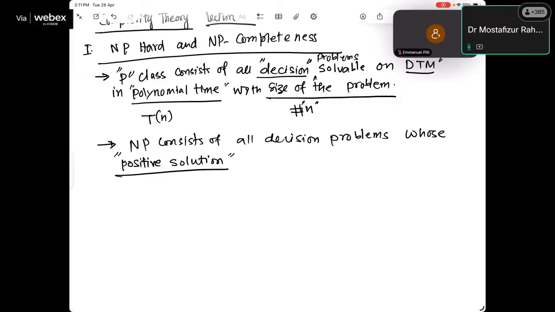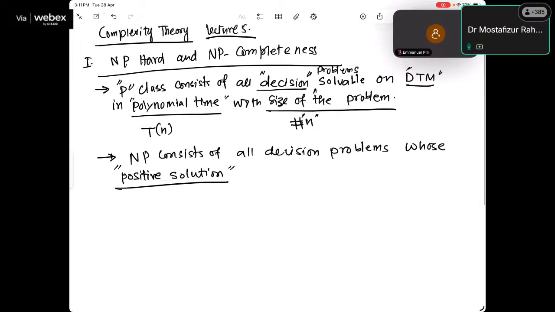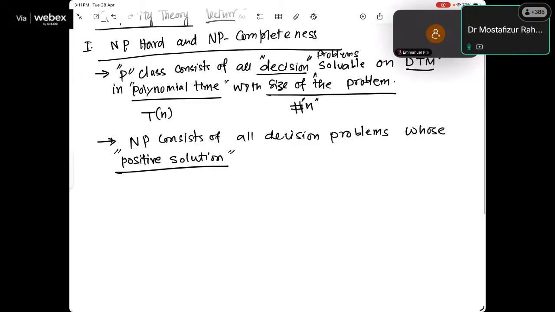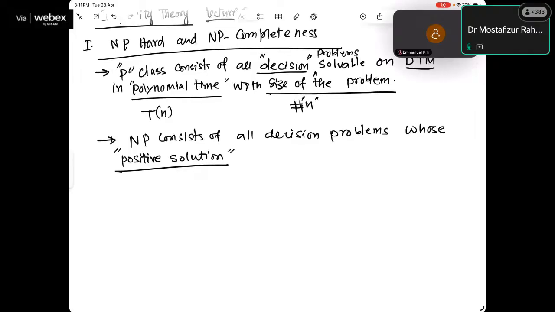Earlier the P class problem I defined for the deterministic Turing machine. The NP class of problems we typically define as problems solvable in polynomial time, or at least verifiable in polynomial time, but these are defined for the non-deterministic Turing machine. That means there might be multiple solutions, and I have to pick the positive solutions, meaning yes solutions. So whose positive solutions are verifiable.